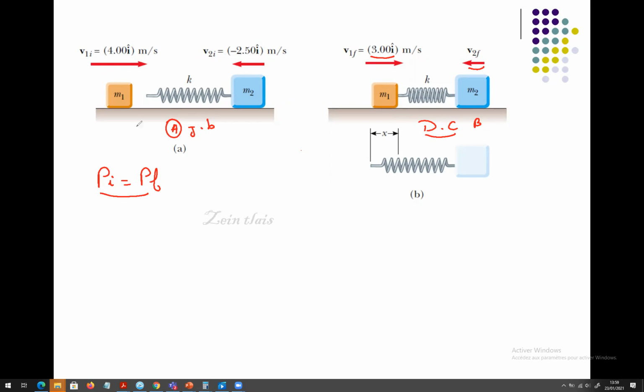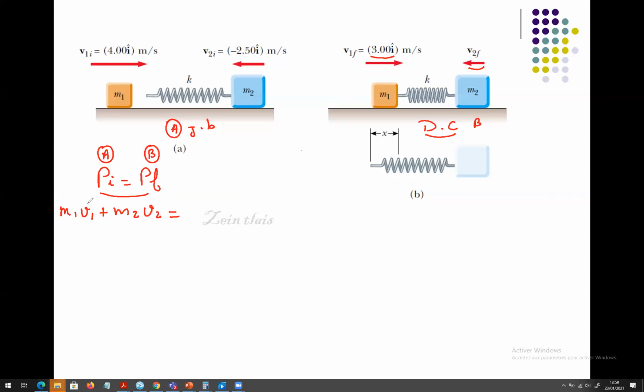Before collision, we have velocities: M1 V1 plus M2 V2 equals, we can put V1 final, or we can say V1 as you like. But here I take initial in state A and final in state B.